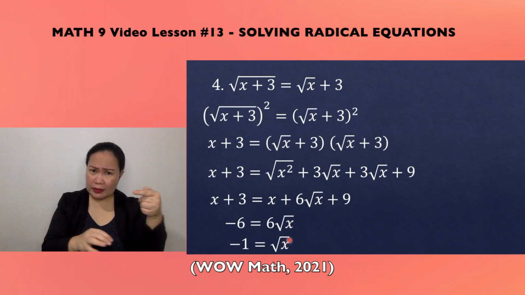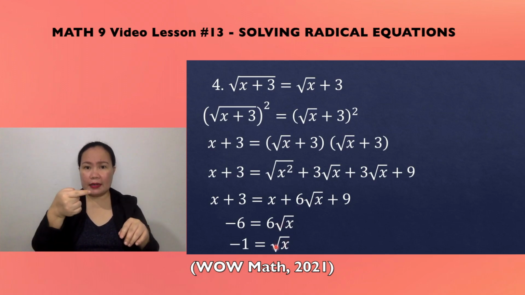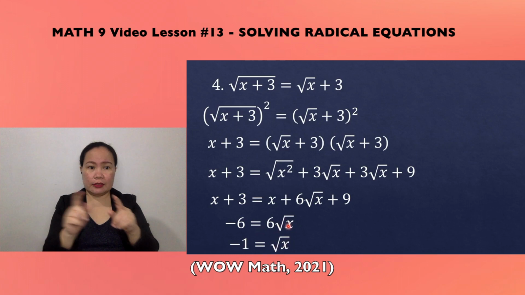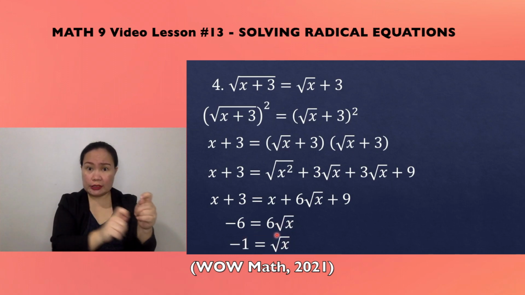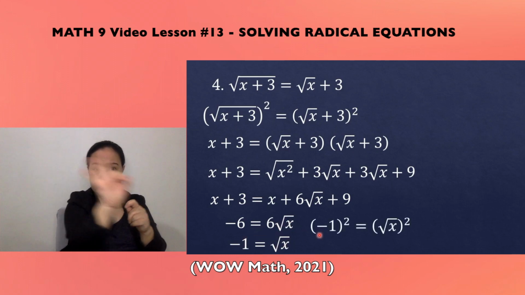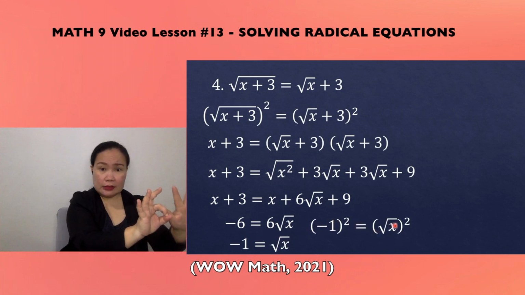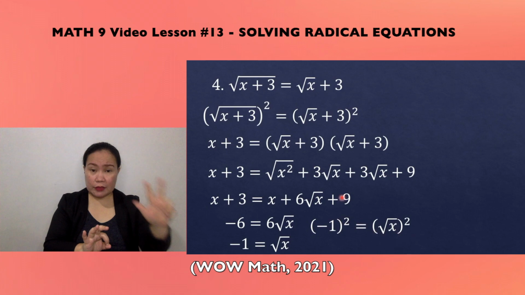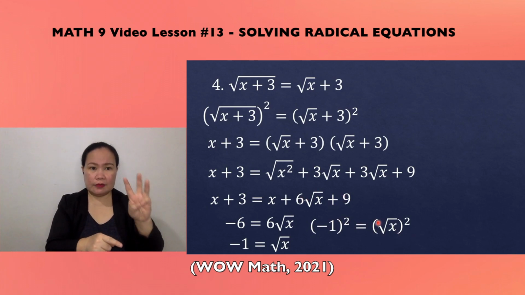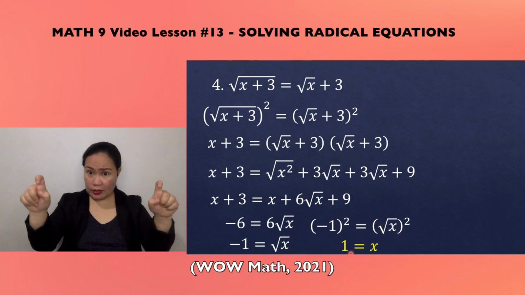So, let's go back to our first step. We square the radical, so square both sides. Negative 1 squared is equal to square root of x squared. And negative 1 squared, negative 1 times negative 1, is positive 1, equal to x.